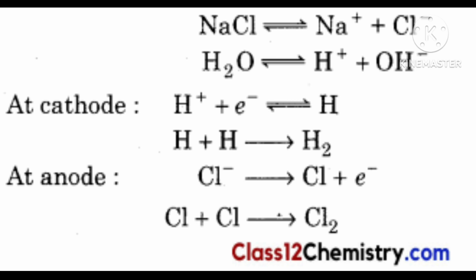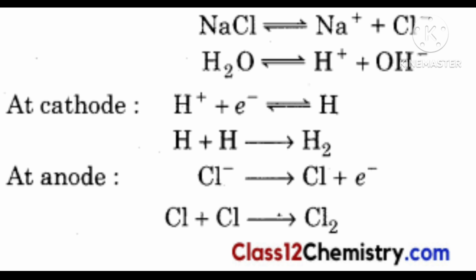Now reactivity towards oxygen. But before going to this, I want to tell the properties of hydrogen halides. After that I will come to it. Melting point of HF is 190 Kelvin.